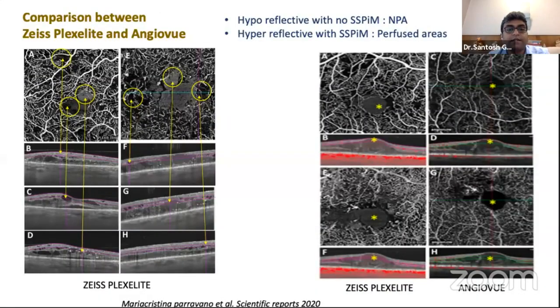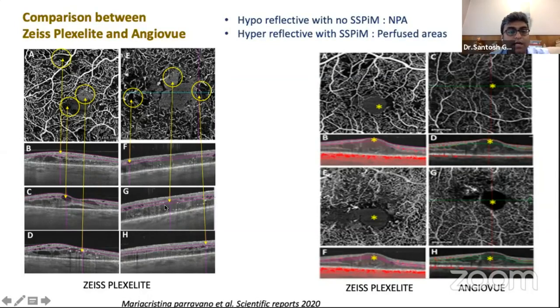So this is a latest article which compared the Zeiss Plex Elite and AngioVue. Zeiss Plex Elite is an SS-OCT, and this is an SD-OCT. What they had noticed, if you look at the scan structure here, is that it passes through the area which doesn't have a macular edema, and there is a clear-cut capillary dropout. But this hyperreflective area passes through the intraretinal cystic space.